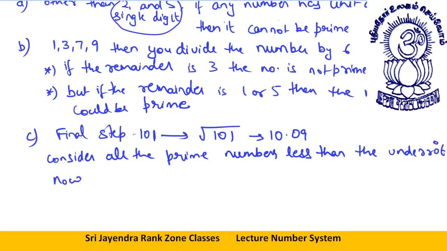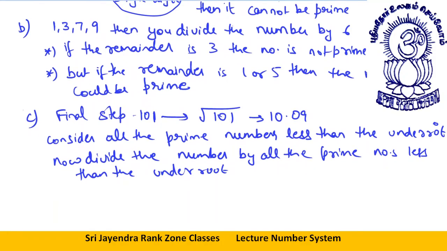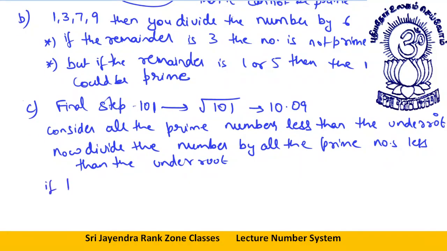Now divide the number by all the prime numbers less than the square root.